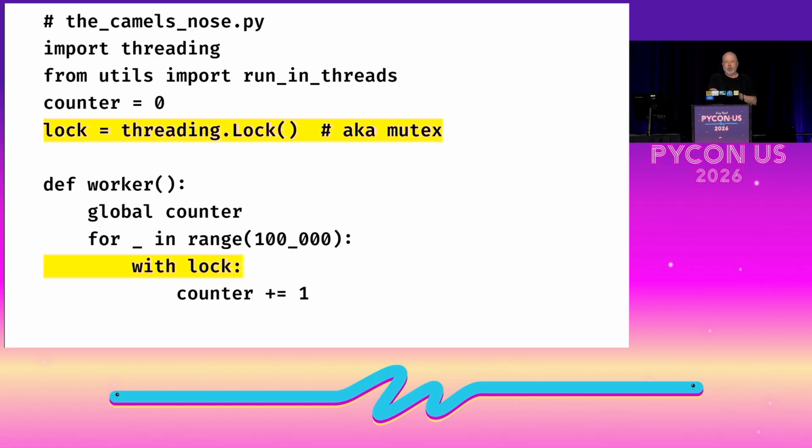And the with expression is what holds the lock, and then once it's done, it releases the lock. So only one thread of execution, basically one of our workers, is able to increment counter at a time. So what we've done is we've serialized access to this global variable counter using a single global lock for all the workers.